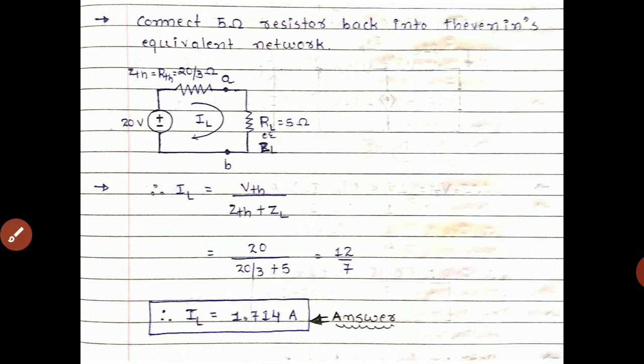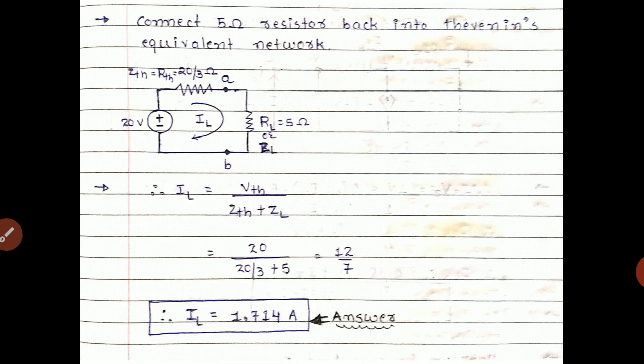By simplification we get 12 divided by 7, and further we get the final answer, IL equals 1.714 ampere. So this is our final answer for the Thevenin circuit to calculate the load current which will flow through the 5 ohm resistor. So here is the final answer, IL equals 1.714 ampere.